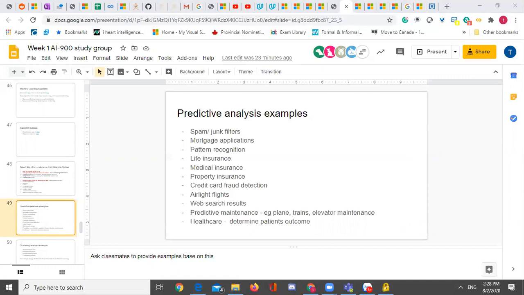Let's boil down to really simple terms. What do you use for text categorization?